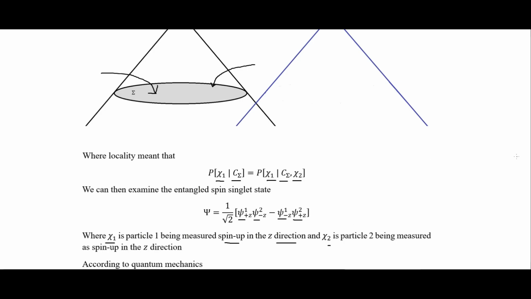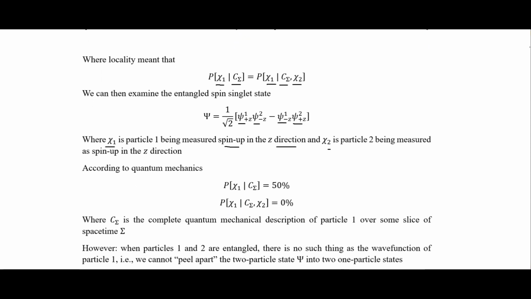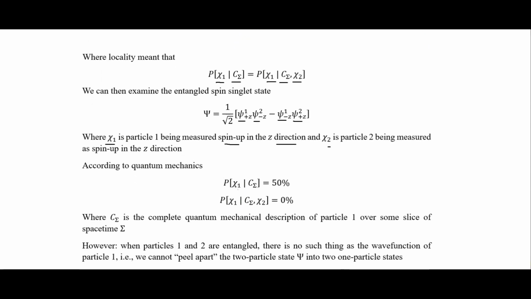So we're looking at what happens if we measure both of them as spin up. And so according to quantum mechanics, the probability of the spin up state being measured for chi sub 1, given this complete specification of events on this space-time slice, is 50%. So it's 50% it'll be spin up, 50% it'll be spin down.